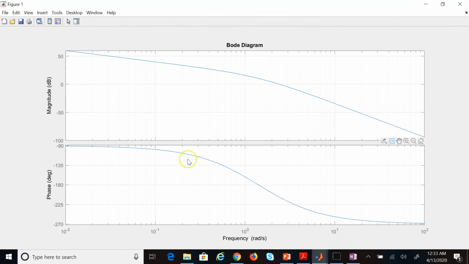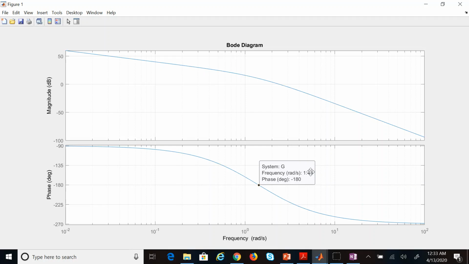Phase crossover means where the phase is negative 180. If we determine this point, it is almost 1.43 radian per second. We choose this number. And your textbook approximated this by 1.5.